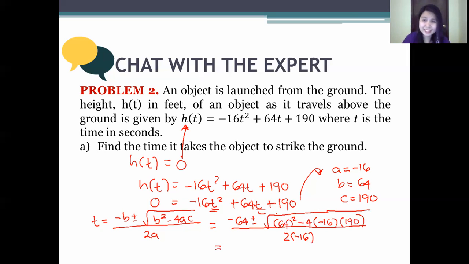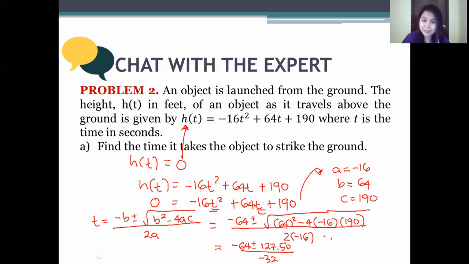You can use your calculator to solve for this one. And you'll end with negative 64 plus and minus 127.50 all over negative 32.